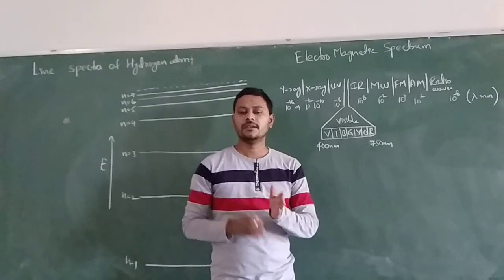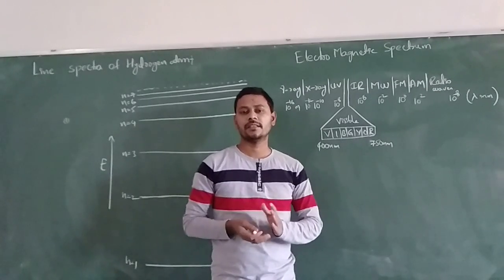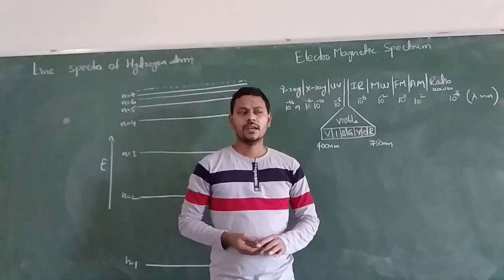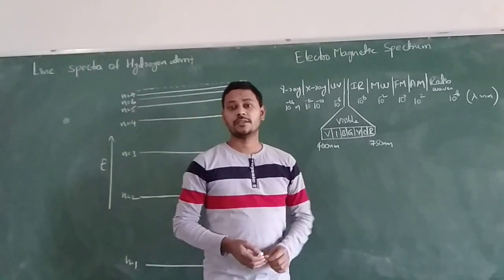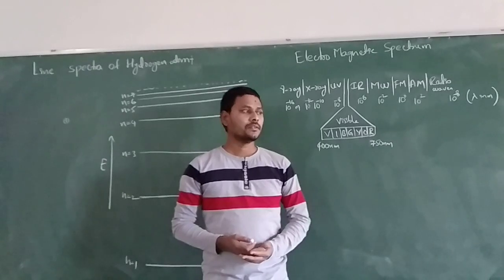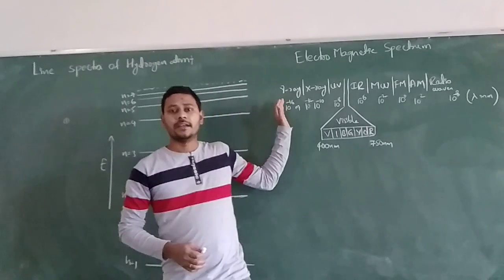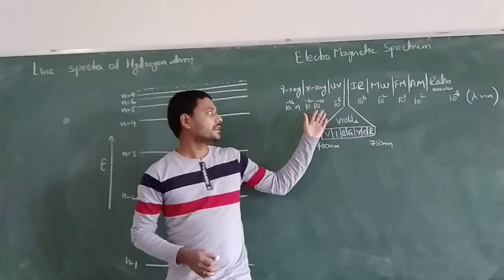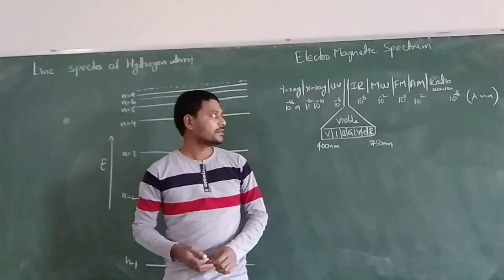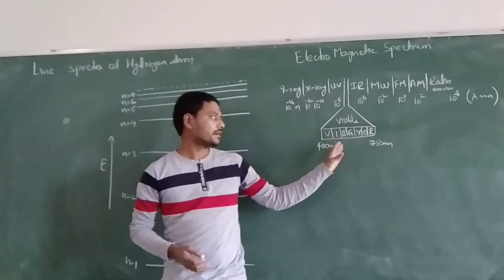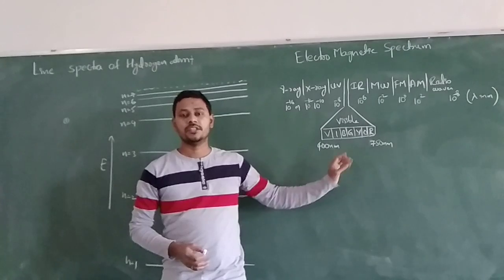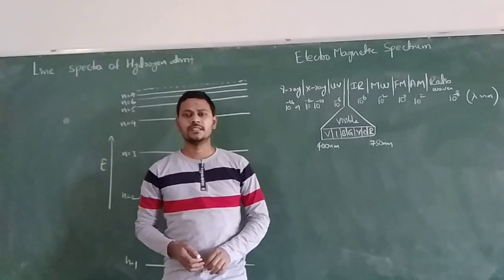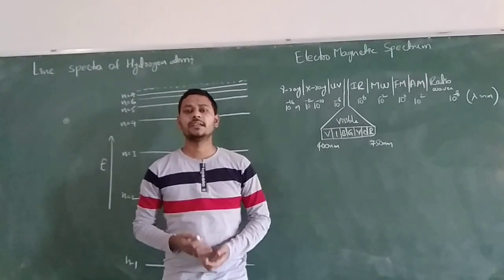The electric field and magnetic field are generated, perpendicular to each other, and they are called electromagnetic radiations. So it includes gamma rays, X-rays, UV rays, IR, microwave, FM, AM and radar, and the visible light, VIBGYOR, the rainbow. So these are all called electromagnetic radiations.